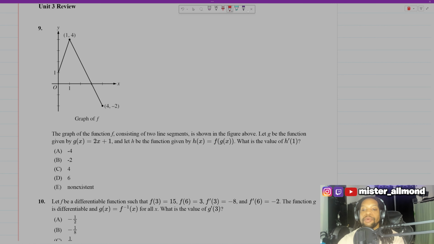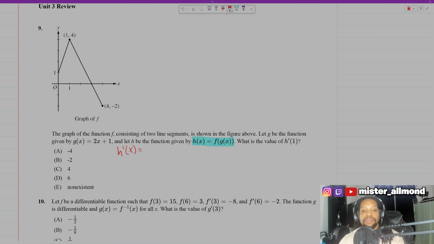So they want h prime of 1. What I'm gonna do first is figure out what h prime of x is, so that I can then just replace x with 1. If h of x is this, I can differentiate it using chain rule.